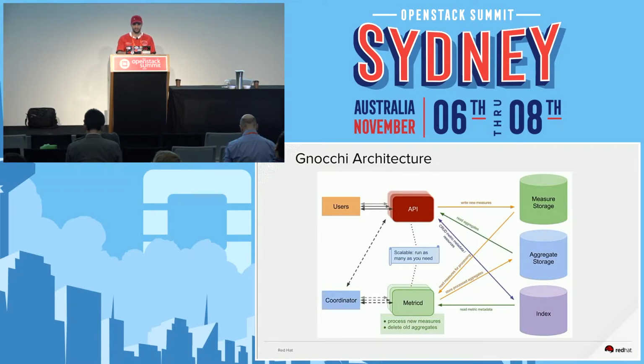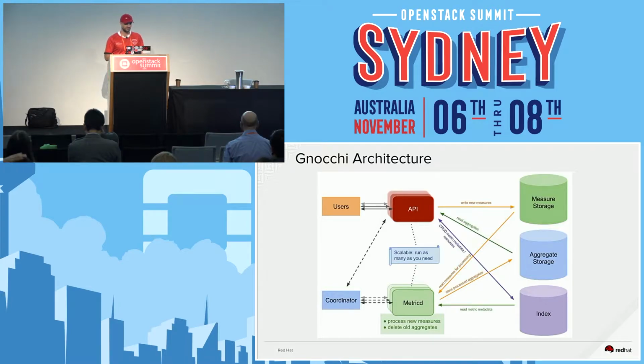And then on the storage side, we have 3 separate areas that you can configure for storage of data. In the previous versions, the measure storage and the aggregate storage were actually the same storage driver. So if you picked Ceph storage, you could only use Ceph storage for measure storage or aggregate storage.